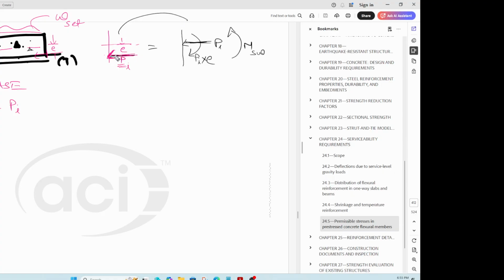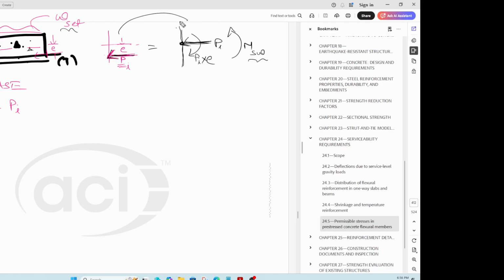So what did I do here between here and here? I replaced this particular force, which was at a certain eccentricity, with a force acting at the CG of the section, which in this case is the neutral axis of the beam, that is d by 2. And I replaced it with the P times e moment, plus the self weight is causing M self weight, M_SW, right?